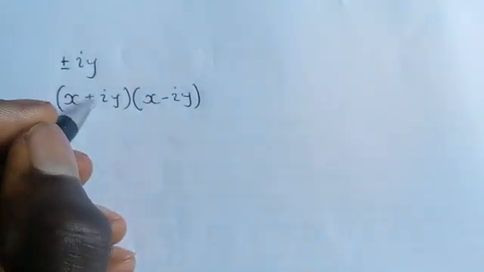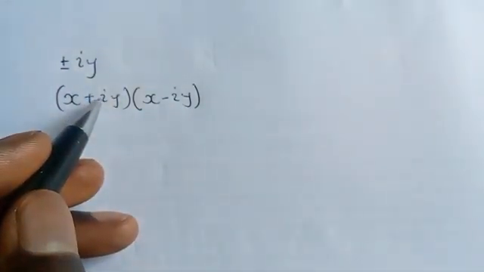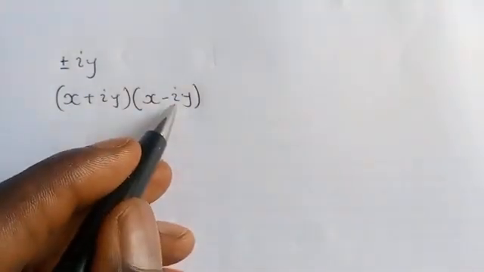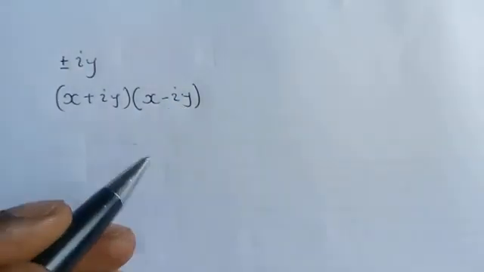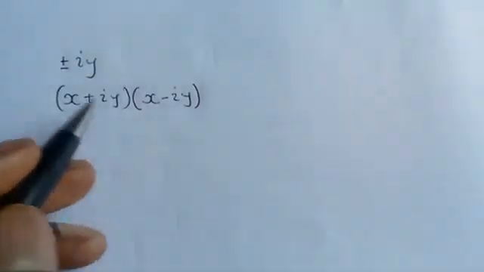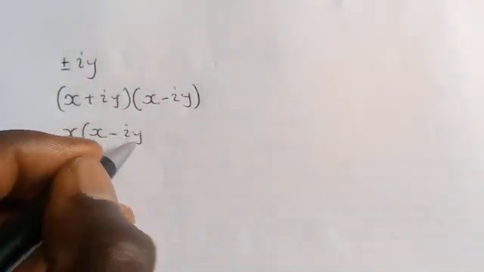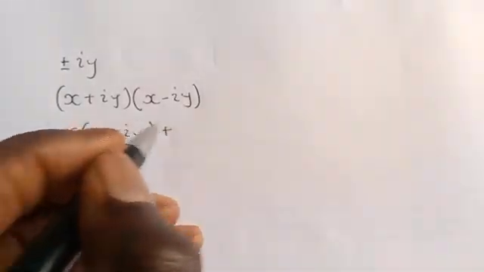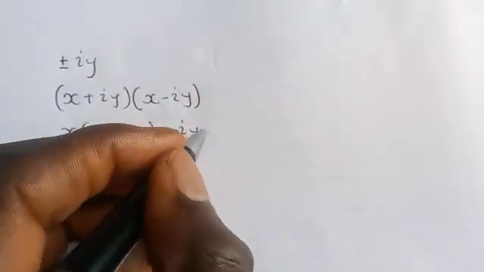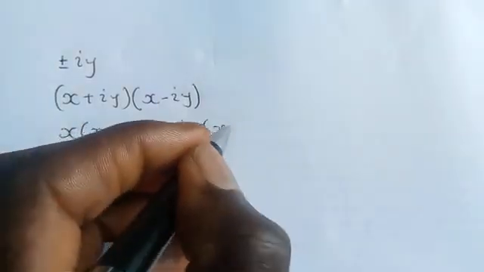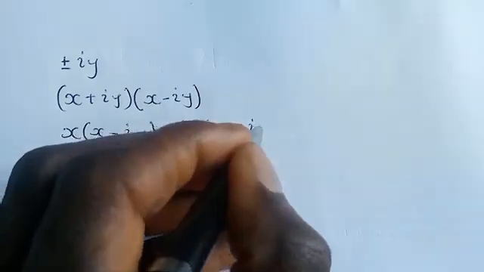That is because I have positive iy here, that is the imaginary part, in one of the complex numbers and negative iy in this other one. So expanding this bracket, you are going to have x into x minus iy plus iy multiplying x minus iy.